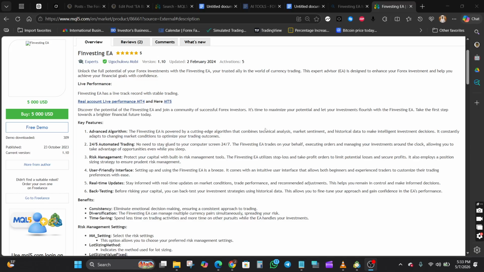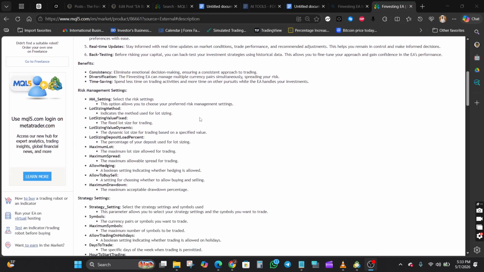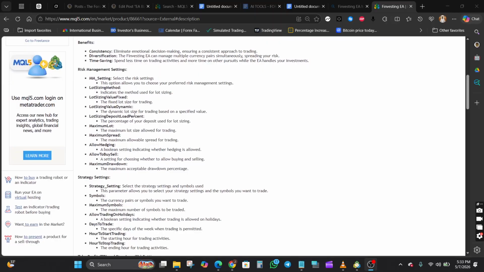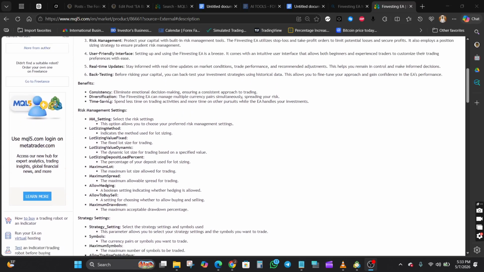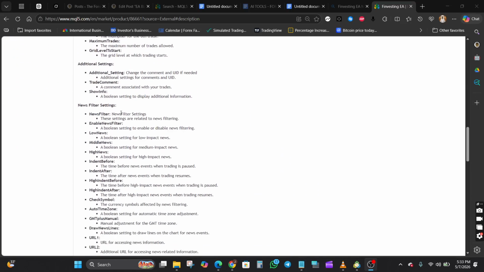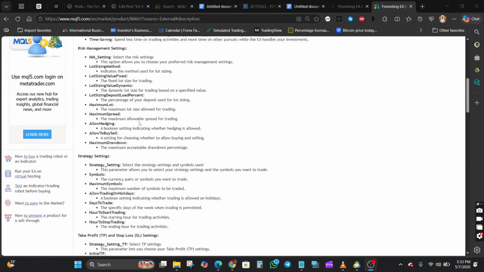Now, one thing that you can immediately notice, if you are going through the settings, is that this EA is significantly configurable. You can see all the customizable settings available here, right?